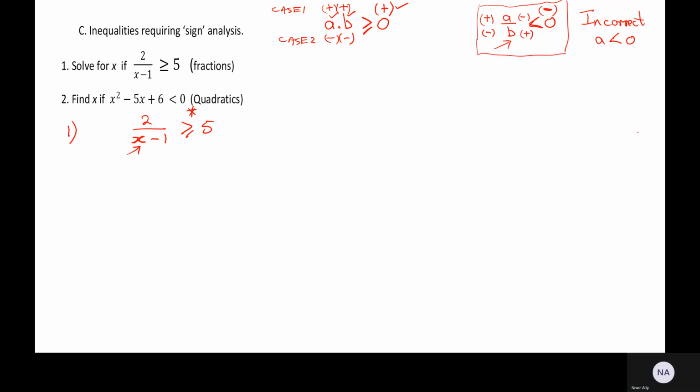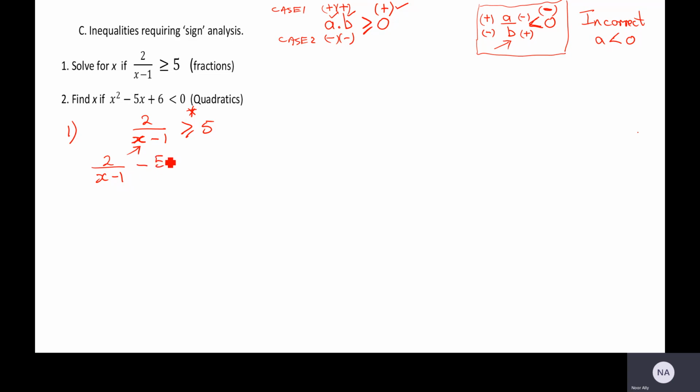That multiplication by the denominator, the LCD, is permitted when you're doing equations only, equal to sign. But the moment you get an inequality less than or greater than, you must leave that denominator. For example, in this case, you leave the denominator as it is.